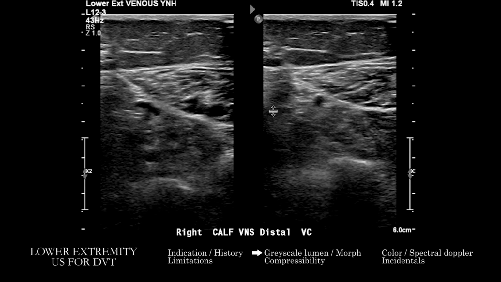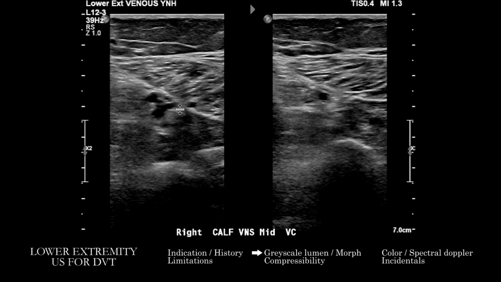In the calf veins, different institutions will image different calf anatomy a little differently and include differing parts of the calf vein or muscular venous anatomy. Oftentimes it will be difficult to visualize these. This particular patient we do see well.